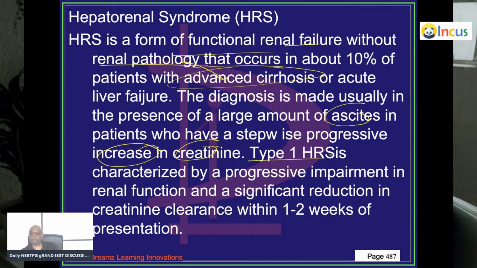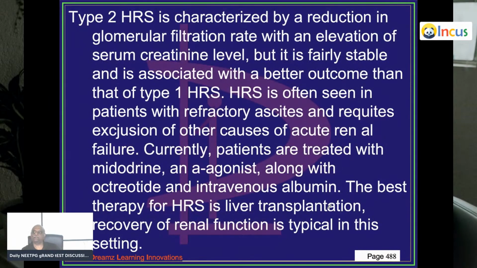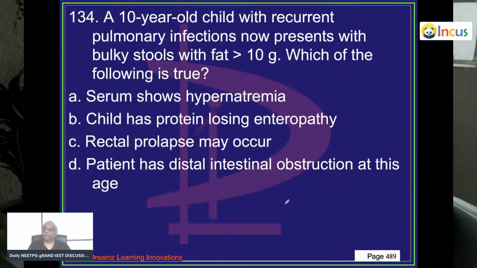Type 1 hepatorenal has a progressive impairment of renal function with reduction of creatinine clearance within 1 to 2 weeks of presentation. Type 2 is fairly stable and has a better outcome than type 1. The best therapy for HRS is a favorite MCQ. The moment a patient of cirrhosis of liver goes into HRS, liver transplantation is considered to be the treatment.